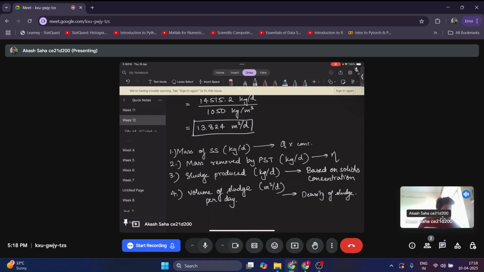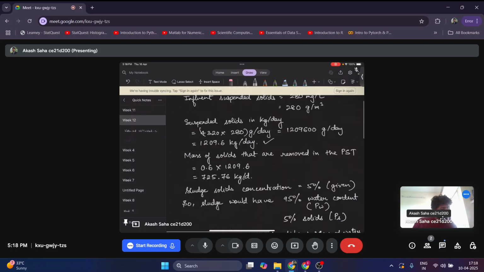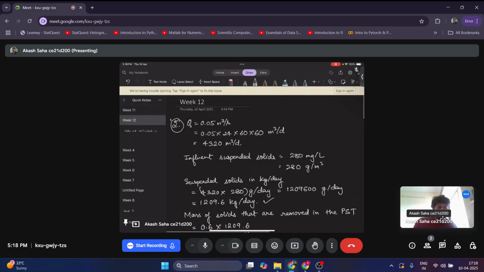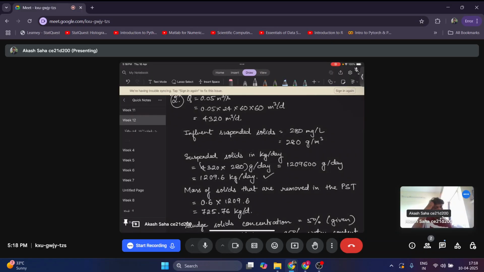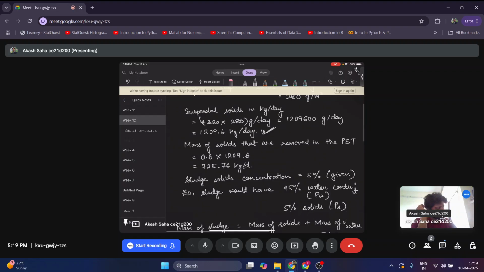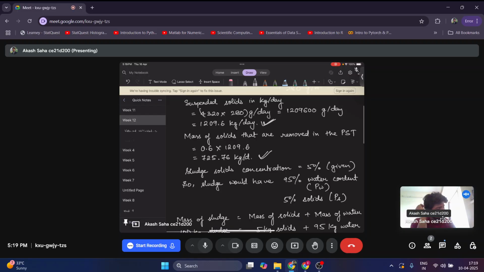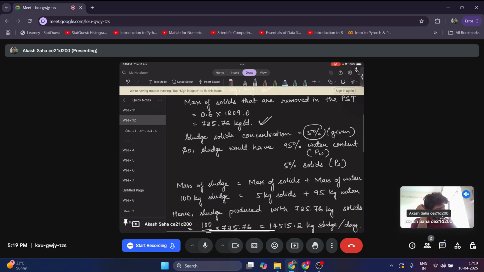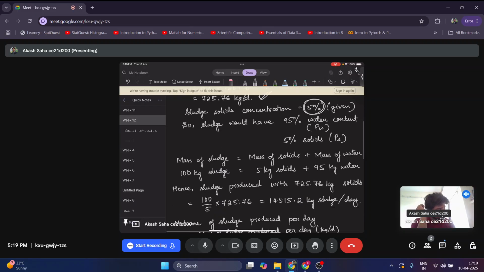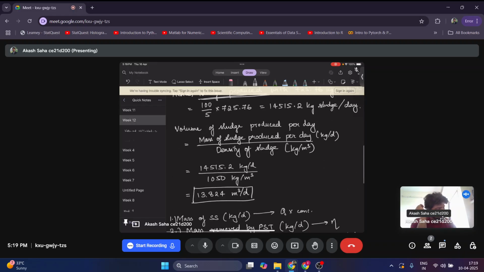Okay, so the same thing we have done. Though it looks like a very big problem, it's not actually. I have explained everything in words, that's why it looks longer. Okay, first calculate the suspended solids, then how much is removed, then what is the solid concentration, because of which what will be the sludge produced, and then the volume.